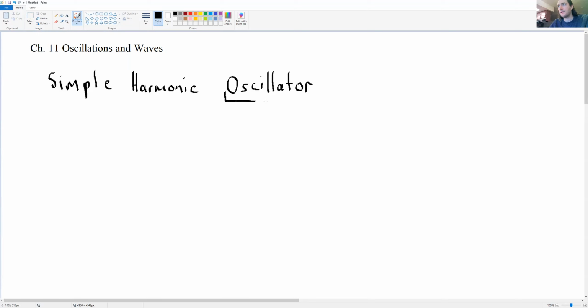Now, an oscillator, and because there's going to be a lot of text on this one, let's try to switch the color up a bit here. An oscillator is anything with periodic motion. So, any object, and let's be even more specific than that. What does periodic motion mean, right? It's any object whose motion repeats.